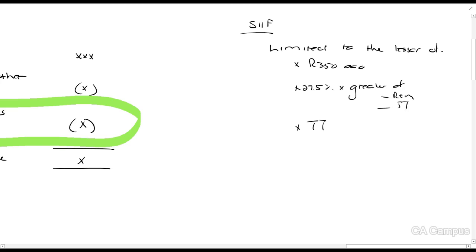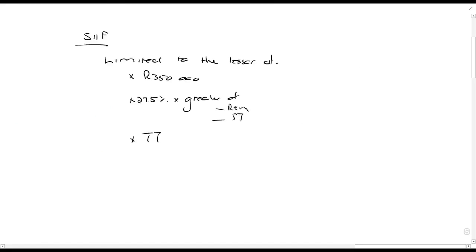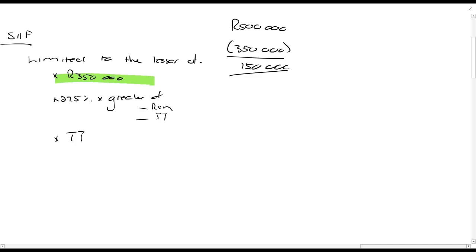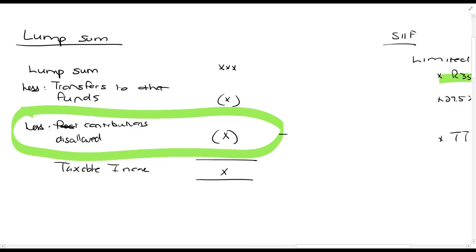Right, so you'll remember these rules. I'm not going into too much detail here. Now, let's say the limit that you've calculated was 350. So if you've contributed, let's say 500,000 rands that year to the pension fund, you could only claim 350,000 rands. That 150,000 rands and all of those that you've not been able to claim would end up in your lump sum deduction for taxable income.